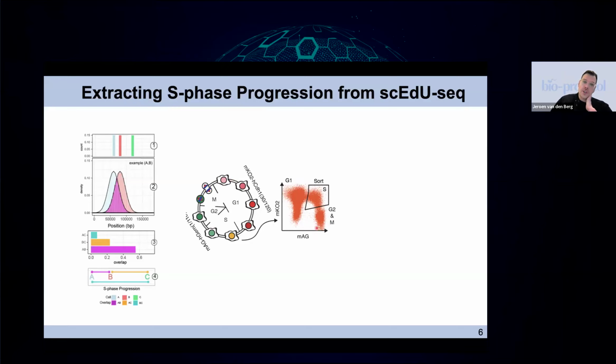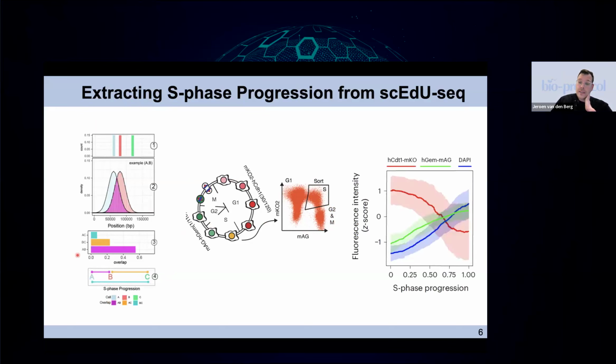So in order to show that our S-phase progression that we've calculated over here, which seems kind of abstract, does fit the data, we've taken this S-phase progression score, which we've put between 0 and 1, and then we've looked at what the fluorescent intensities of these Fucci markers are. So indeed, what we see is that cells that are early in S phase are red, as we see over here.